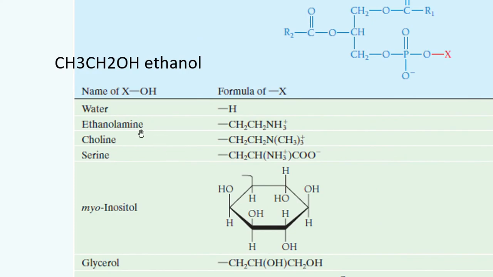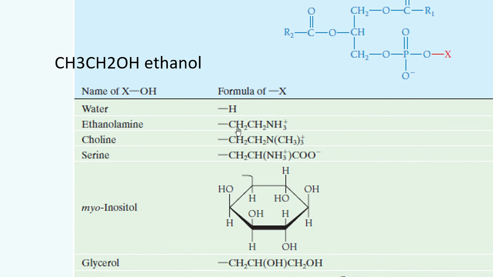It is easy to remember the structure of ethanolamine and choline if you know the structure of ethanol. Ethanol is a two-carbon compound and it contains a hydroxyl group on one of the carbons. If you substitute the hydroxyl group of ethanol with an amino group, the resulting compound is ethanolamine.